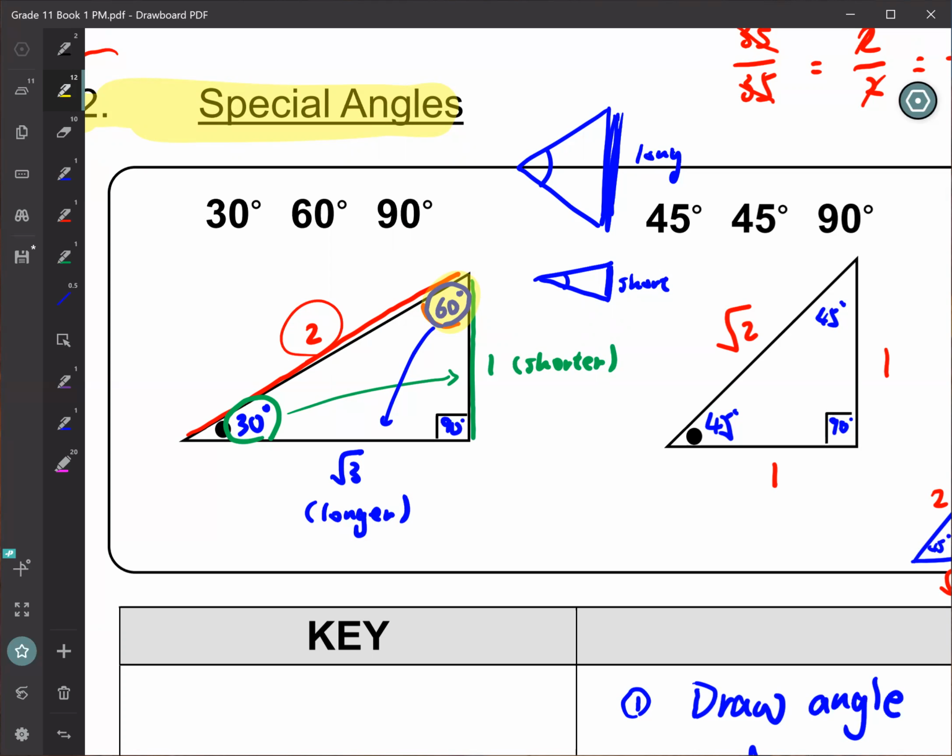The root 3 is always across from the 60 degrees. The opposite is always root 3 for 60. And then once you figure that one out, the other side must be 1, and the hypotenuse is always 2. Whenever you see 30, 60 degrees, it's always this triangle.